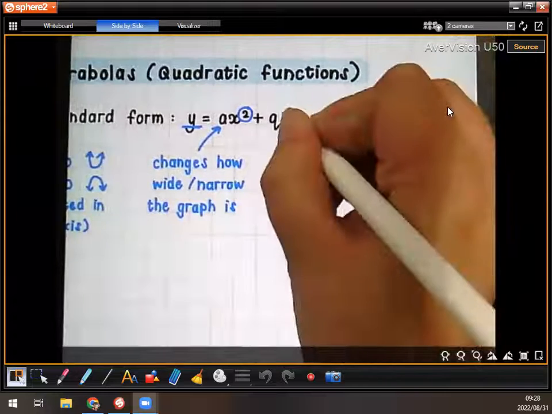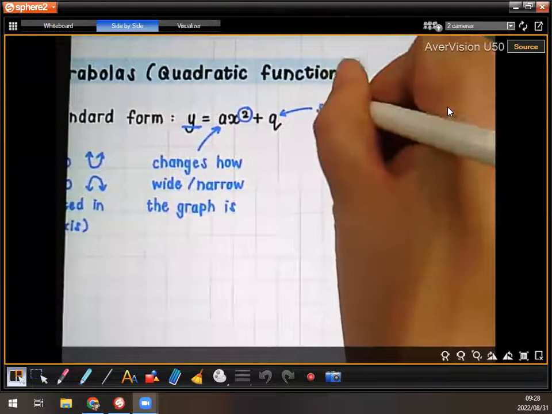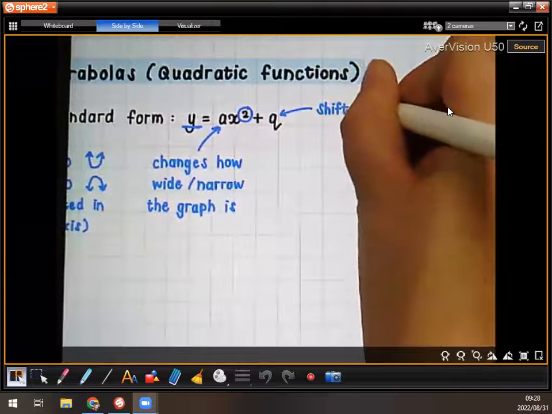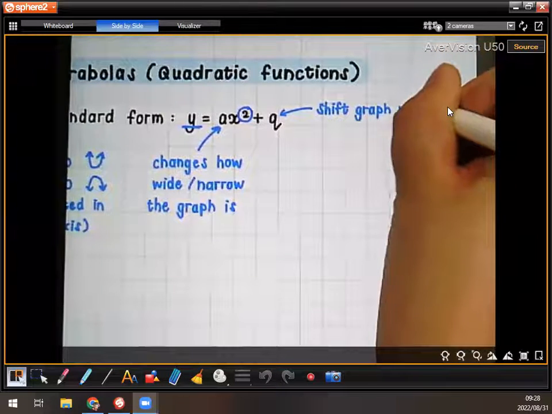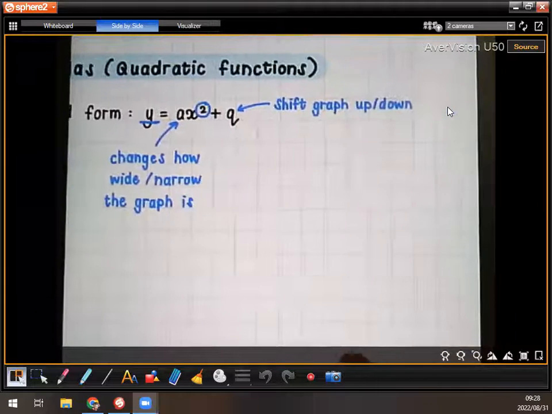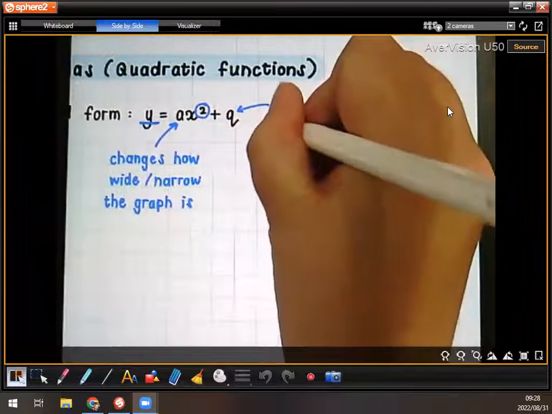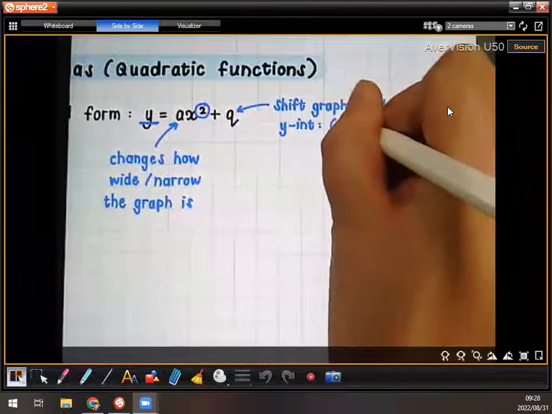That will give me the y-intercept. So q is going to shift the graph up or down, but it's also going to be the y-intercept. And that is what we're actually going to plot. Okay, so the y-intercept is going to be the point (0, q).